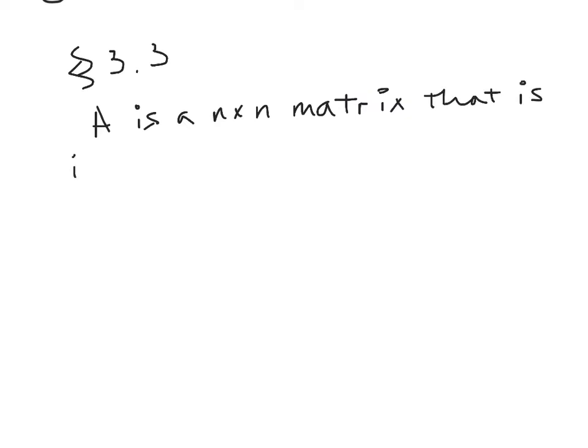Okay, so let's suppose we have a matrix A, and it's an n by n matrix, and it's invertible. Is there a nice way to write the solutions of AX equals B?